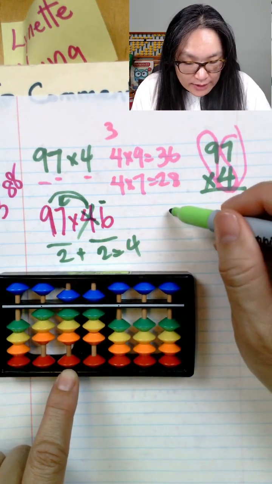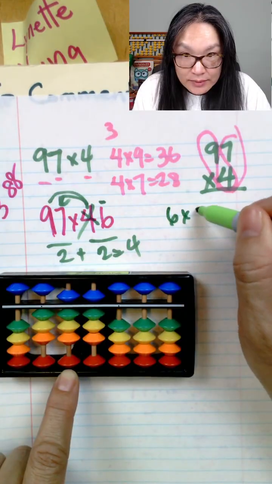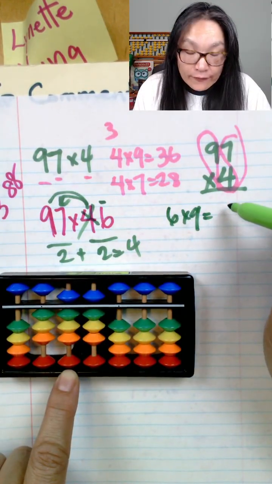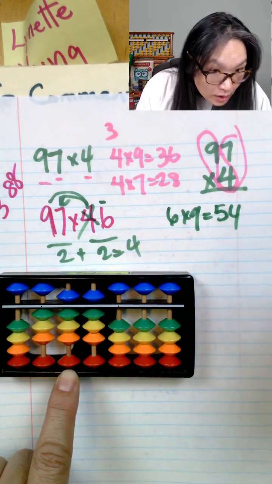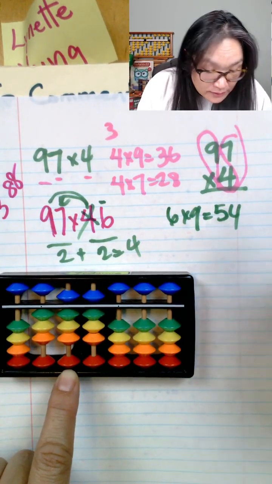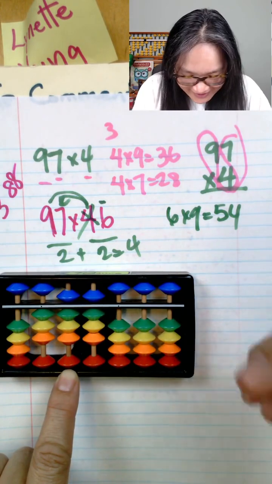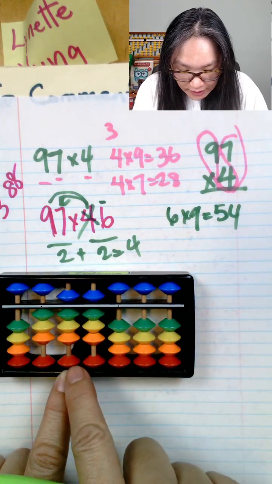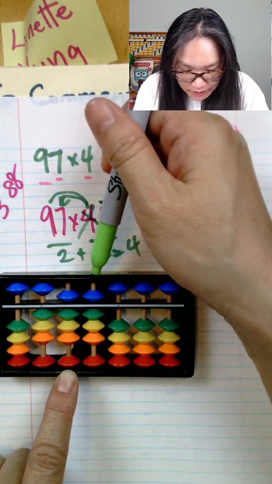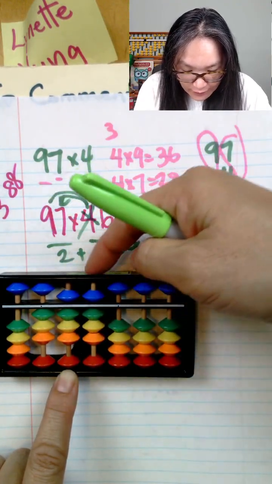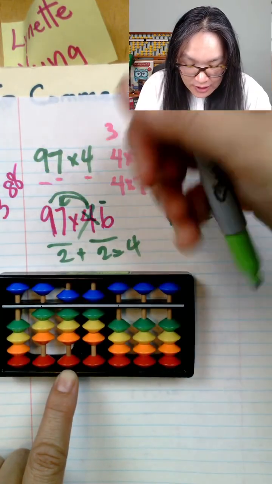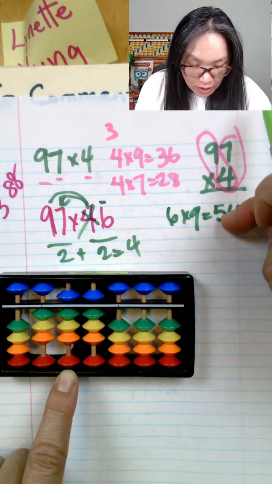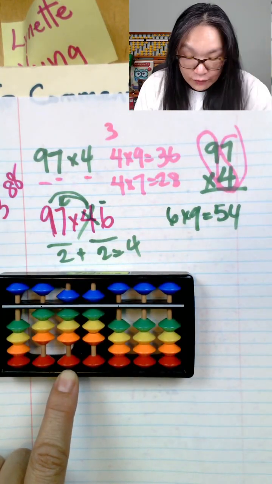So now 6 times 9 is equal to 54. So we add 5 and we add 4. Here, because we're at the 3, 1, 2, 3, we're adding 5 and we're adding 4. But notice we're at 88. So this is where we have to know our addition formulas.